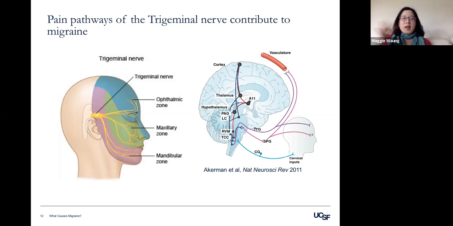With migraine and with depression, it seems like the pain is amplified and for whatever reason, you're not able to control that pain from the top down as much. So not only do you get more pain, it also changes your motivation to do stuff. And all of this is interconnected. Many of these regions are involved in some or all of those processes.